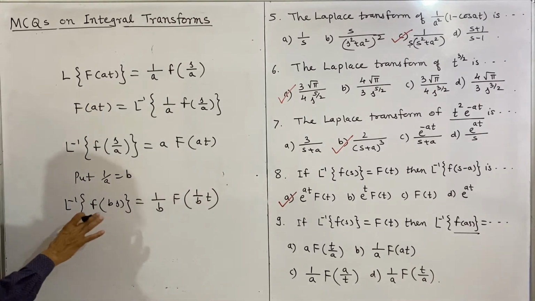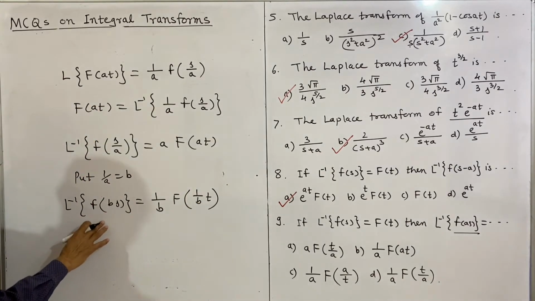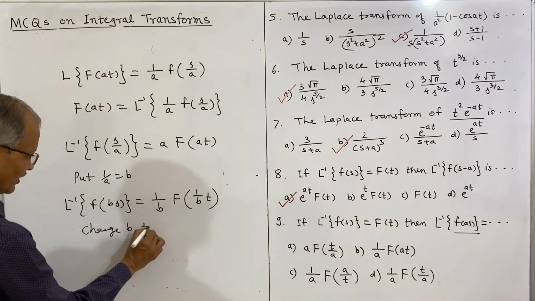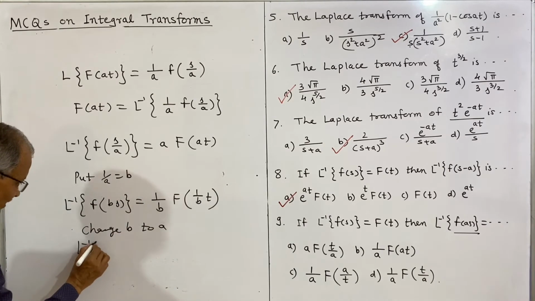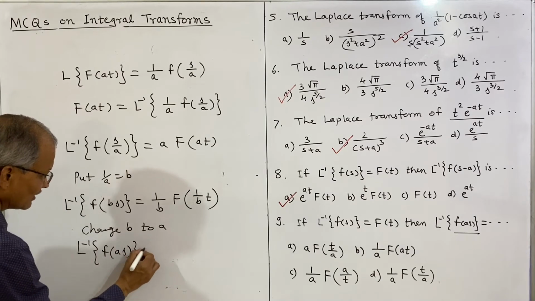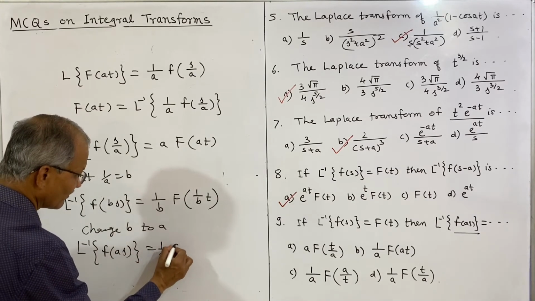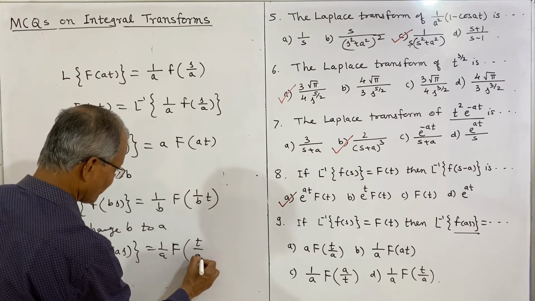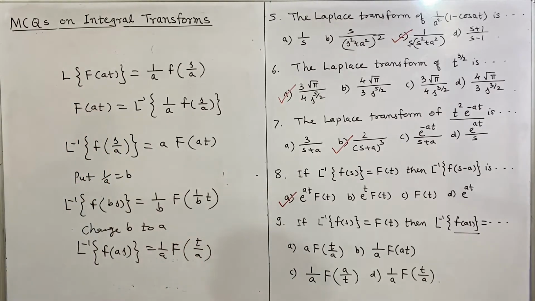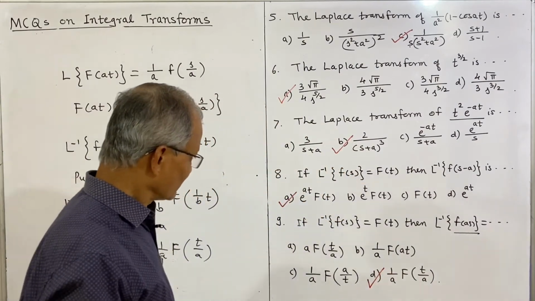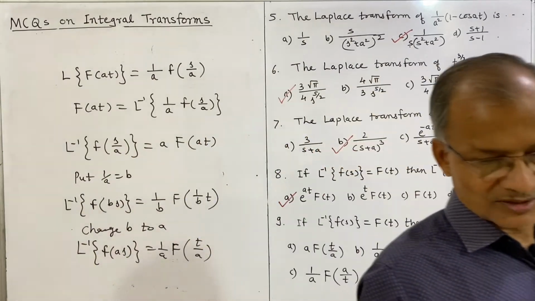Now we can change b to a. The result will be L inverse of f of as is equal to 1 upon a F of t upon a, and therefore the correct alternative is the last one. So now we will consider the next questions.